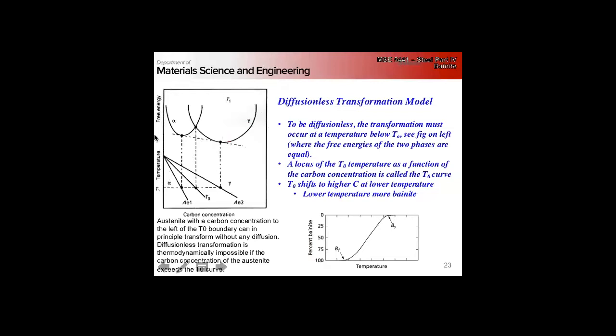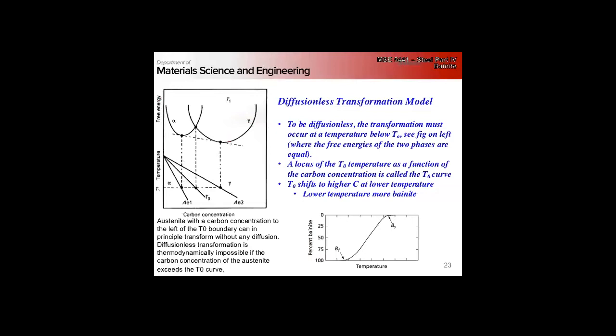So if we plot the free energy of our austenite and our ferrite phase, for this to be happening at equilibrium, at a given carbon concentration, what does that imply about the free energy of the two phases? What's that? They have to be equal. There's no partitioning.